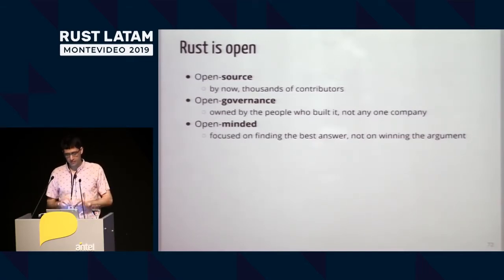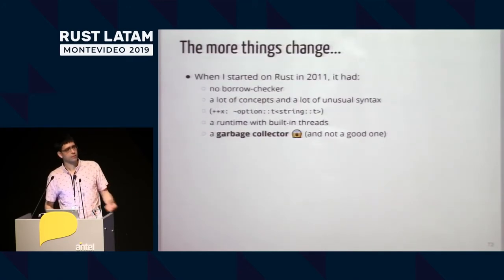But the one that I think is the most important, especially for this theme, is that we're open-minded, right? We're always focused on trying to find the best answer, as I wrote here, and not just on winning the argument. And the reason that's so important is that's what's allowed us to get from that Rust that we had in 2011 when I started, that was really a different language, to the Rust we have now.